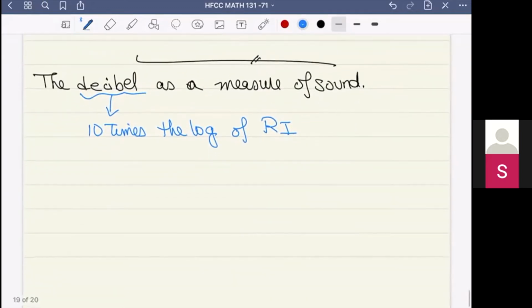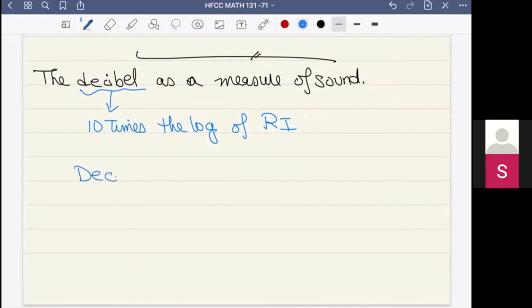So if you want to write it, decibels equals 10 log of the relative intensity. Or if I want to say the relative intensity equals 10 to the power 0.1 times decibel.